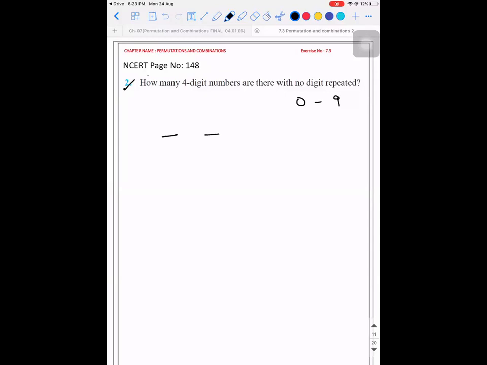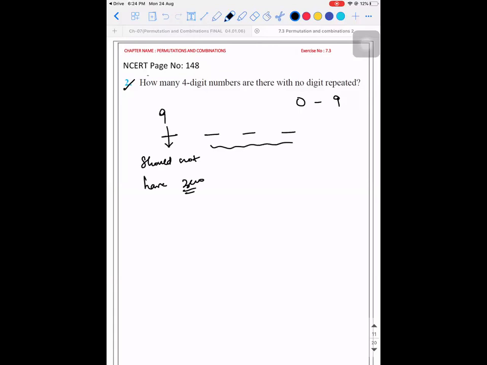So how many blank spaces? 1, 2, 3, 4. If it has to be a 4-digit number, what is the important condition? The first place should not have 0. If it has 0, it will become a 3-digit number. So how many numbers are possible in the first blank space? 9.